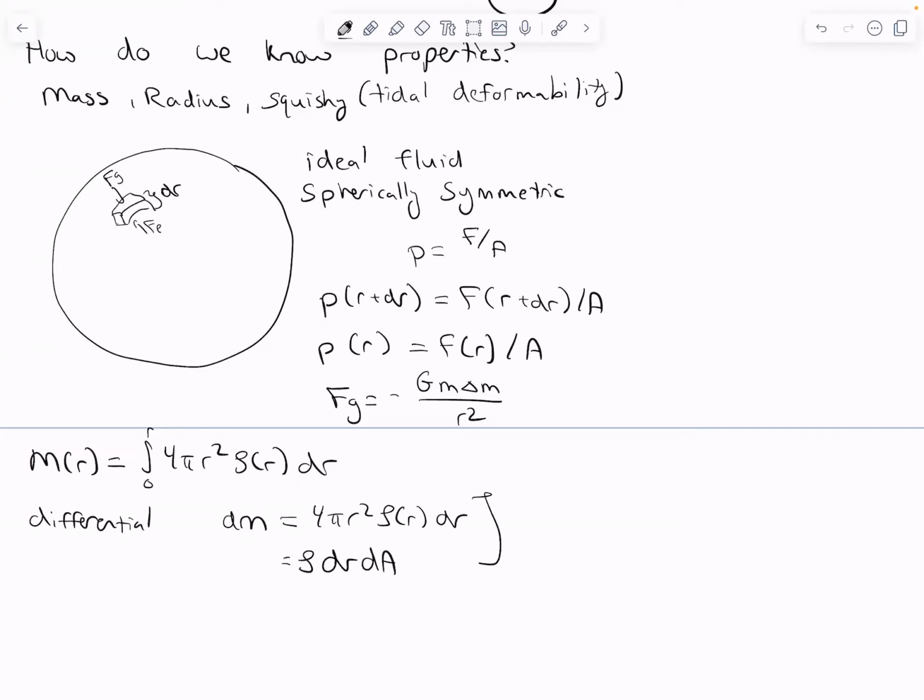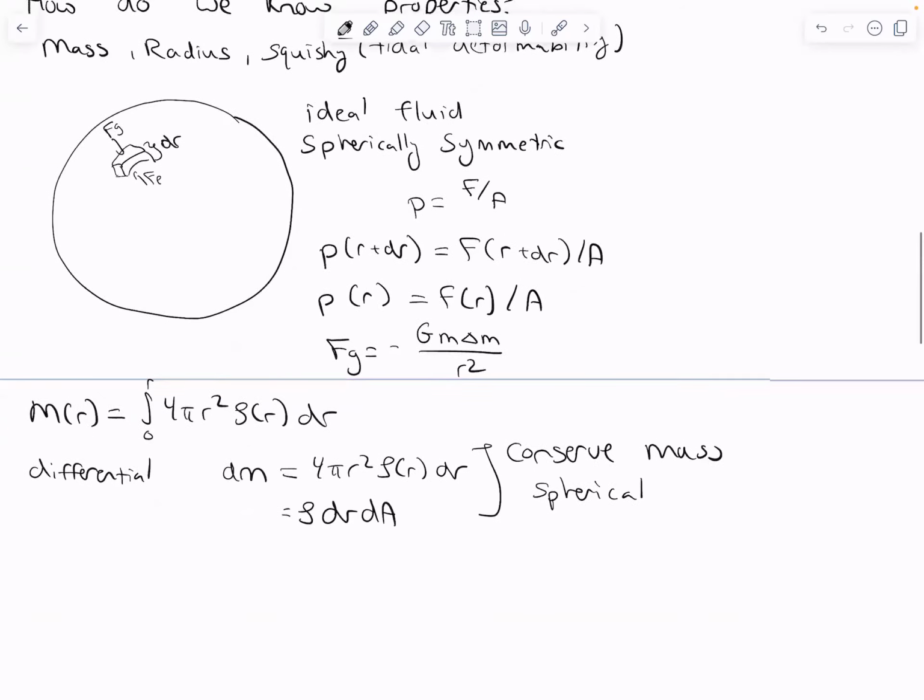The underlying assumption here is that you're conserving mass and that it's spherical. We will eventually peel back that assumption as we discuss more of the properties of the star, but for now, assuming that it's a sphere is a good assumption.